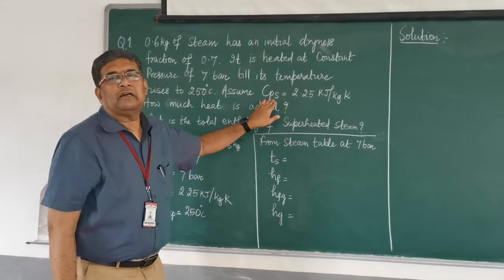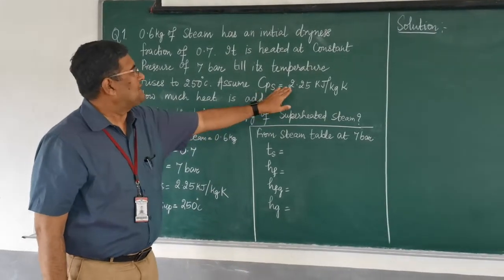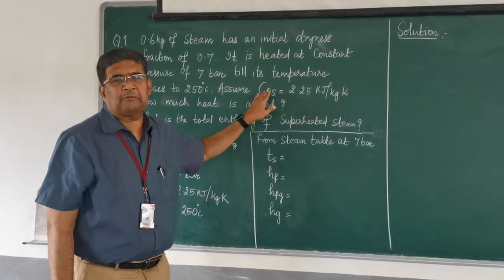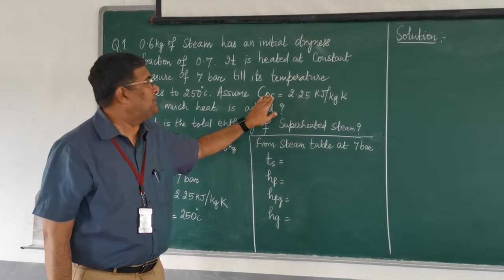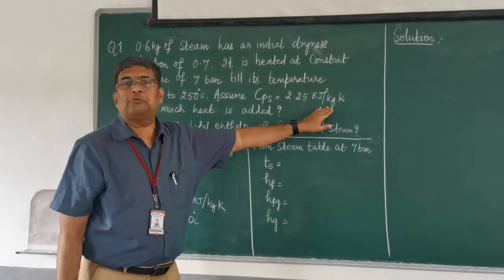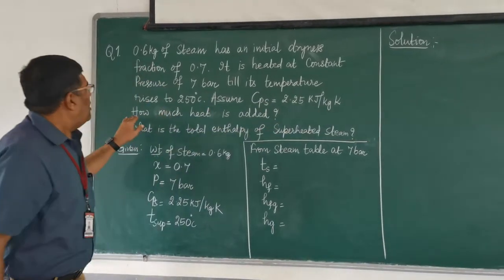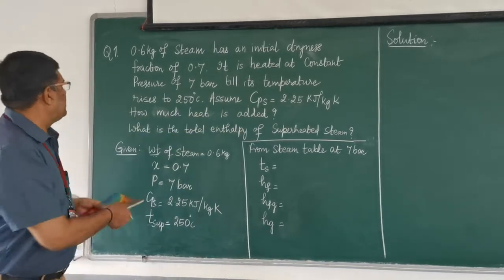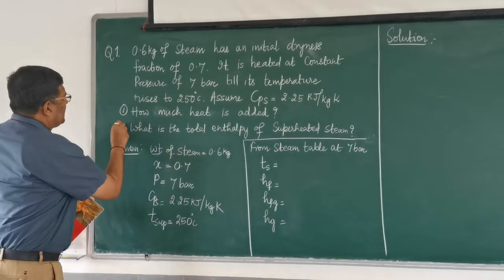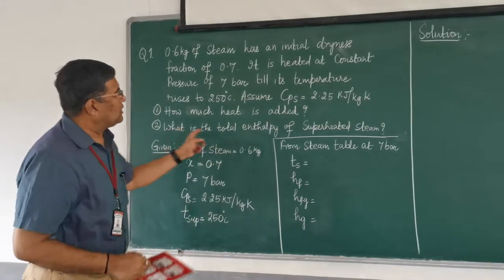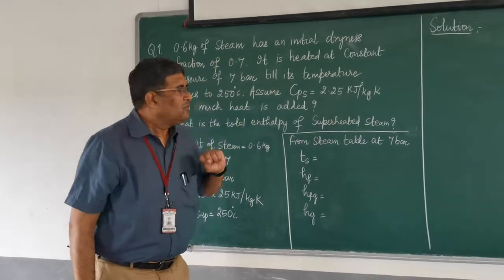Assume the value of Cps, the specific heat of superheated steam, as 2.25 kilojoules per kg Kelvin. How much heat is added? That is the first part you need to find out. And the second part is, what is the total enthalpy of superheated steam?